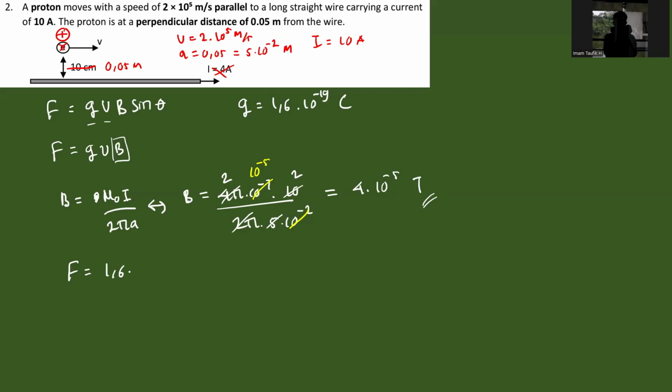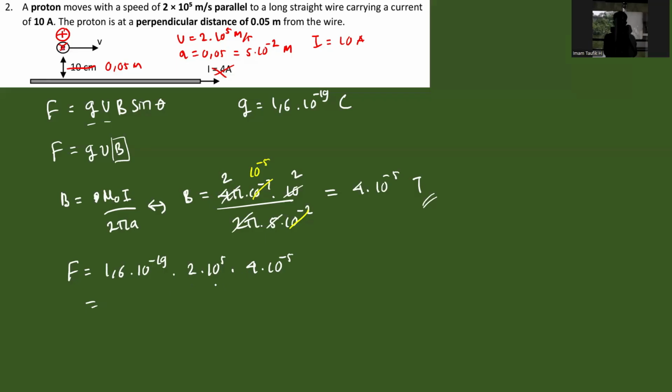Q is 1.6 times 10 power minus 19, times V, where V is 2 times 10 power 5, times B, 4 times 10 power minus 5.